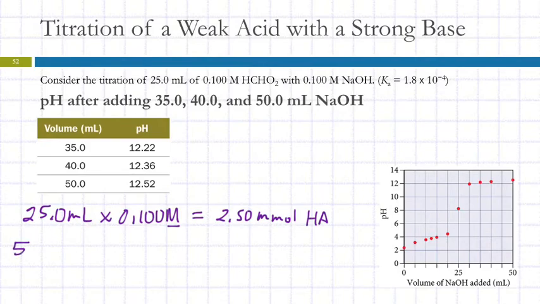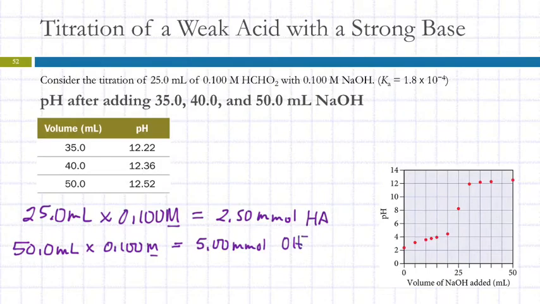And I've got 50 milliliters of 0.1 molar sodium hydroxide, so that's 5.00 millimoles of hydroxide. This is going to react with the acid. It's going to use up all the acid, so it's going to use up 2.50 millimoles of the hydroxide and leave me with 2.500 millimoles of hydroxide.